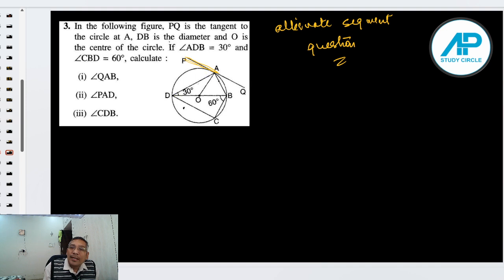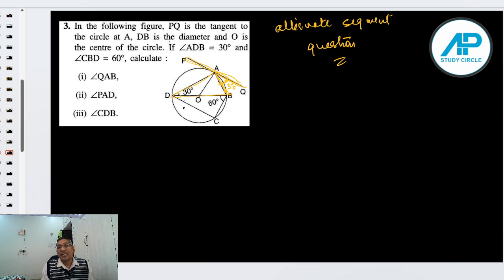This chord AD is making angle 30 at the circumference, and we need to find the value of QAB. So you see carefully here, AB is tangent, AB is the chord, and the same chord makes an angle at the circumference. So this angle is 30 degrees, right?